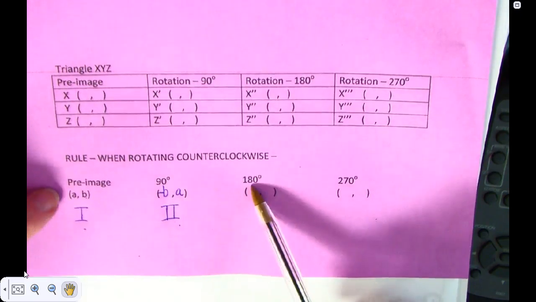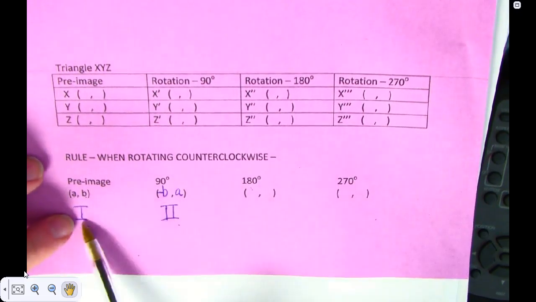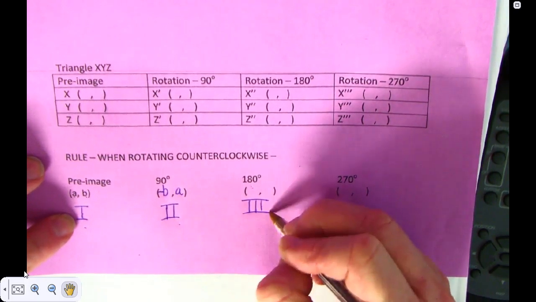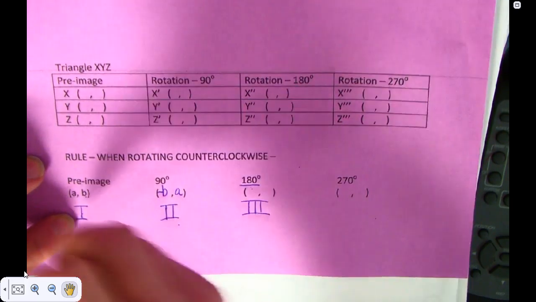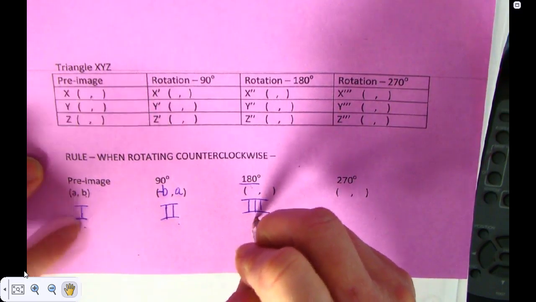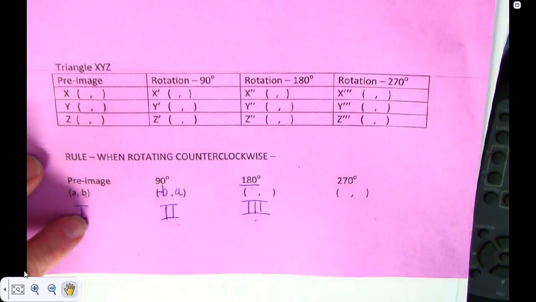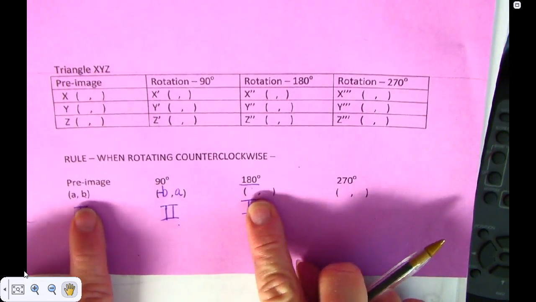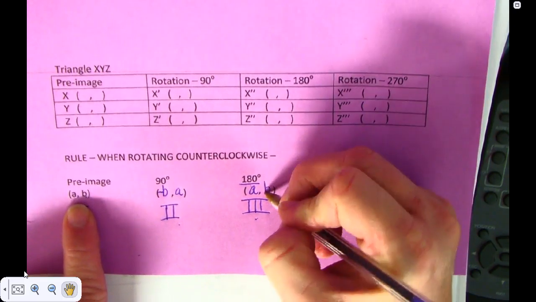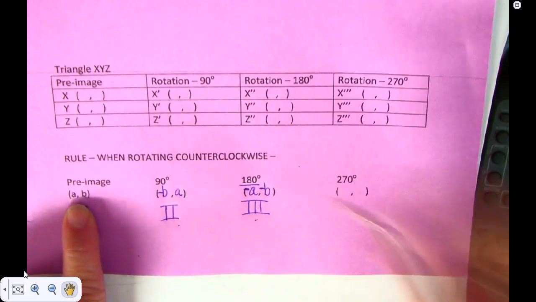So on a 180-degree turn, I'm going from quadrant 1 to quadrant 3. I started in 1. What am I going to do to the coordinates? Keep them the same, but now they're both negative. Why?